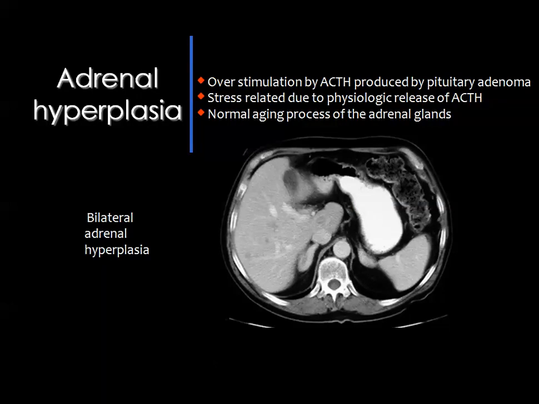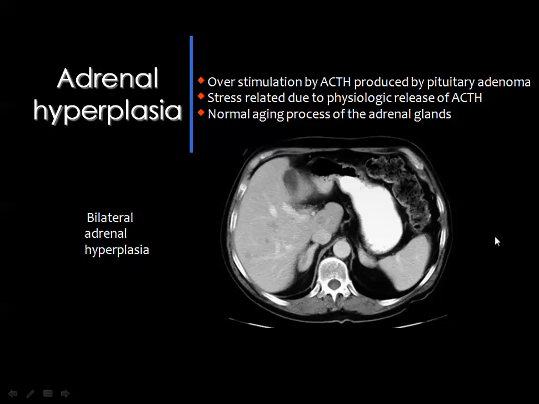Then we came to the issue of adrenal hyperplasia. If there is overstimulation by ACTH produced by the pituitary adenoma, the adrenal glands may be hyperplastic. The hyperplastic adrenal glands are enlarged, but in most cases they maintain their normal configuration.